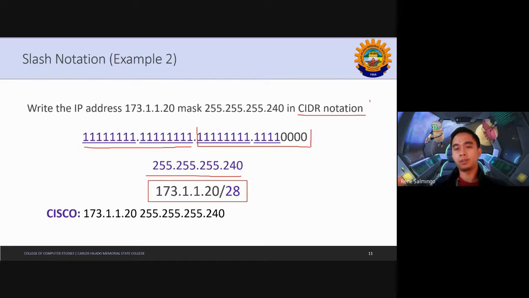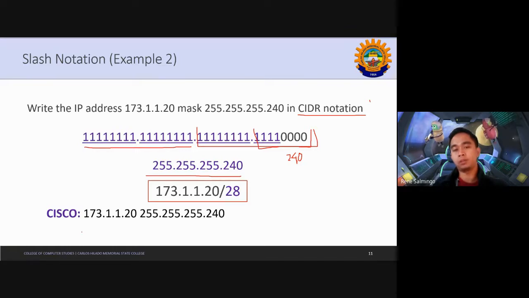When you convert this, you will have this. From this part to this part, this is your 240. And that is how you convert. All you need is to count the number of ones. So 8 plus 8 plus 8, you have 24, plus 4, you have 28. So you have this CIDR notation.